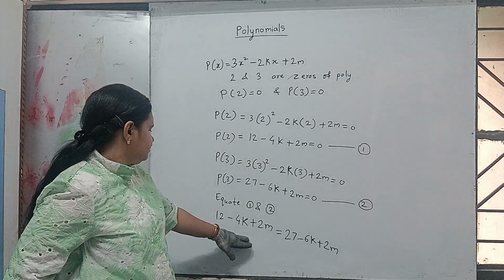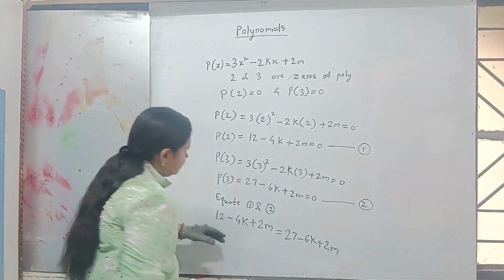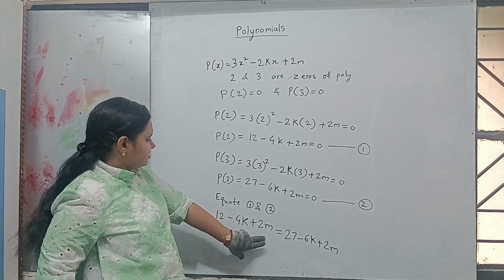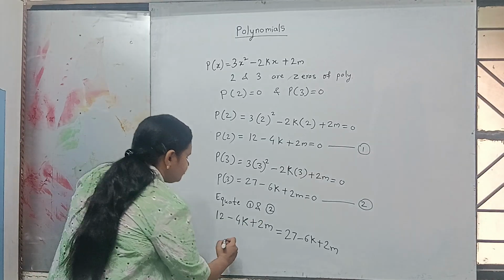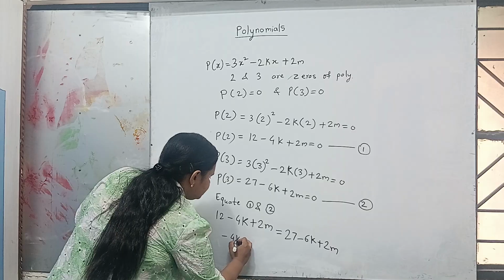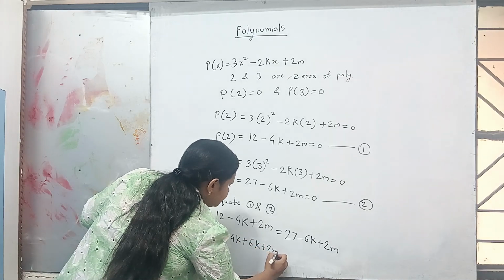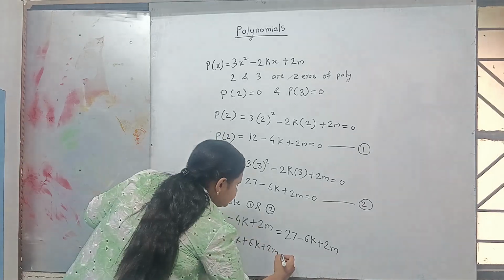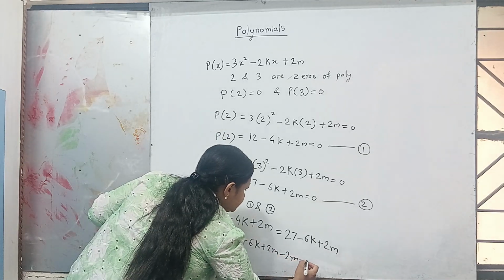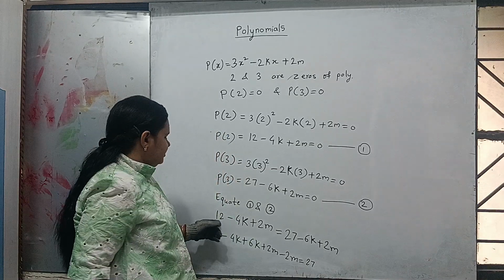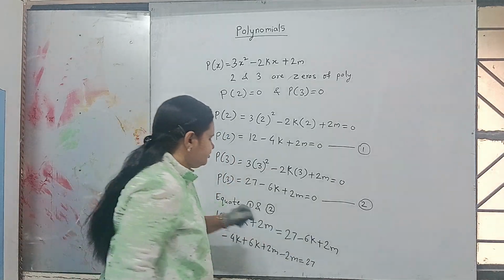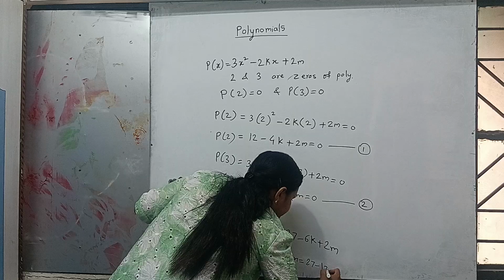What we will get? Let us take the k and m one side and constants to the other side. Minus 4k plus 6k, plus 2m minus 2m is equal to 27, and 12 here is plus 12, if we take it there, we will get minus 12.